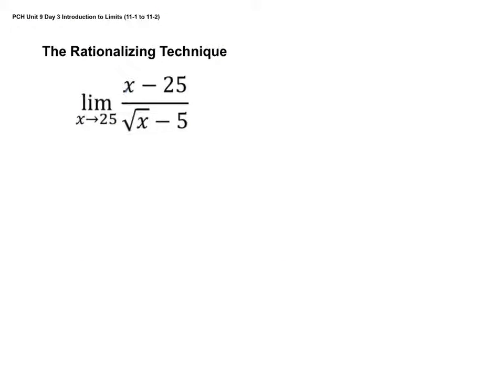In this case, the radical is in the denominator. What form of 1 are we going to multiply by here? Square root of x plus 5. Yeah, square root of x plus 5. Notice if I plugged in 25, 25 minus 25 is 0. The square root of 25 is 5, so if I subtract 5, I get 0.